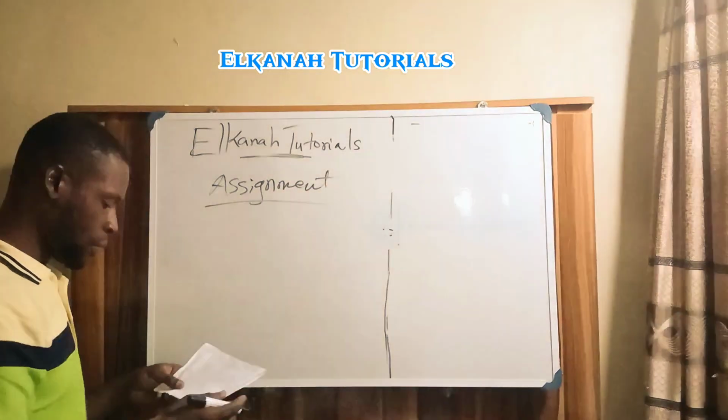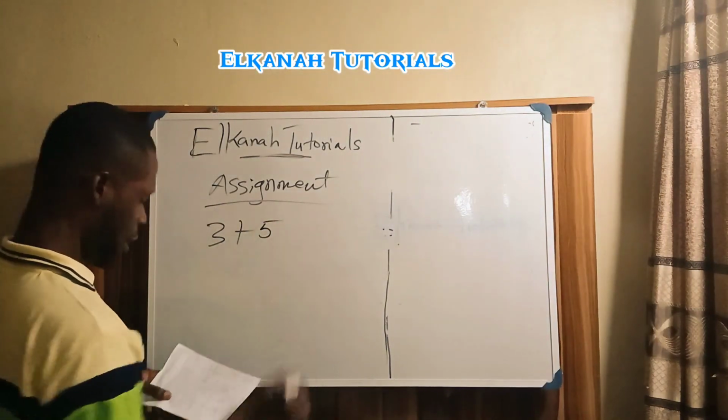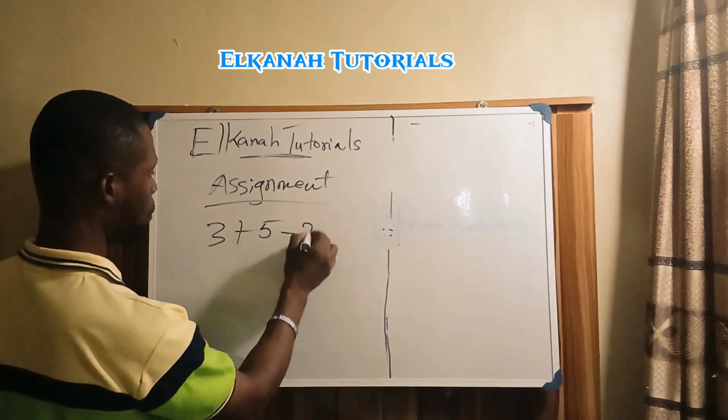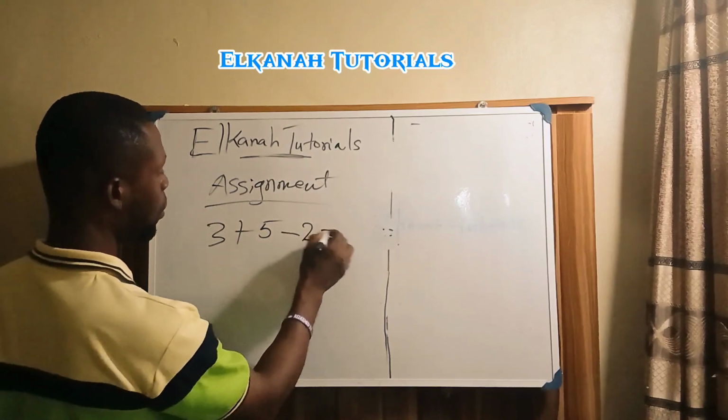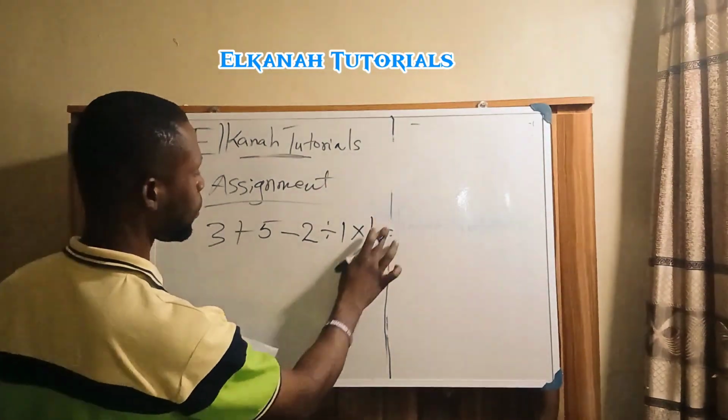Let's say 3 plus 5 minus 2 divided by 1 times 1.